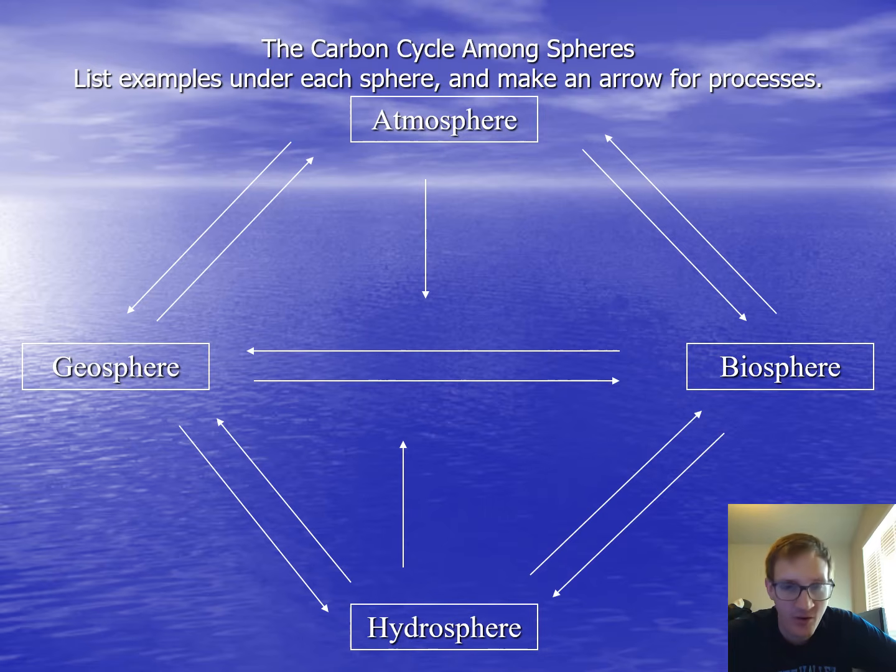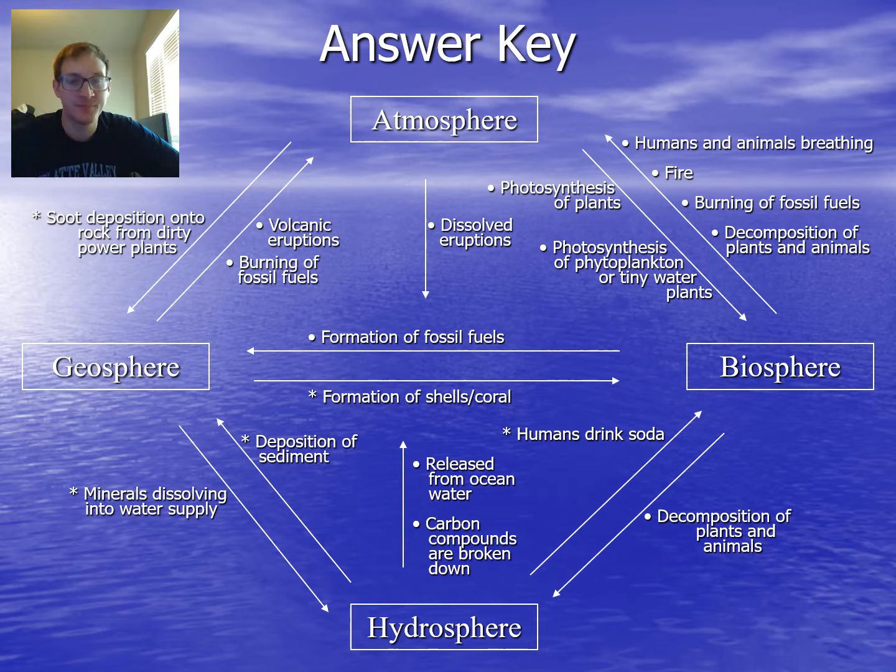Okay, so here are the ones that I came up with. I'm not going to go through all of them, but you can see all the ones that we talked about in this video, and there are actually some extras on there in case you're looking at them. For example, I don't think I talked about the formation of shells in coral, but that's one way that the geosphere interacts with the biosphere.